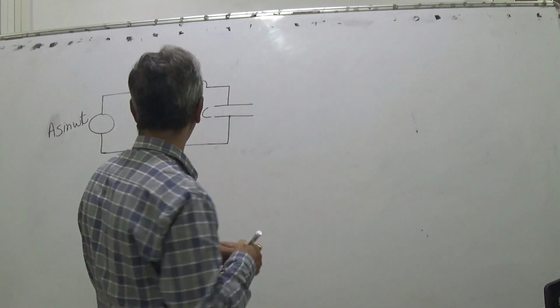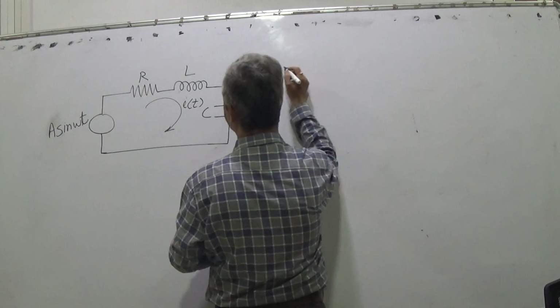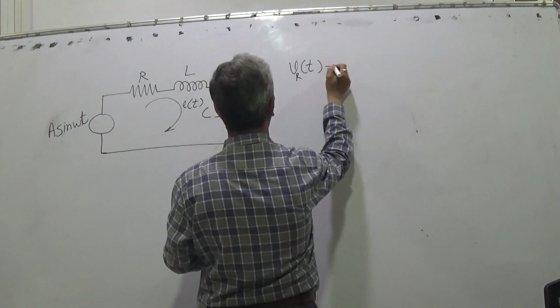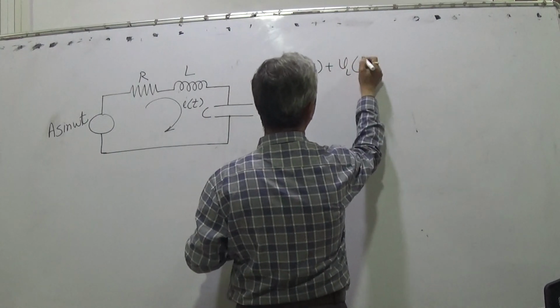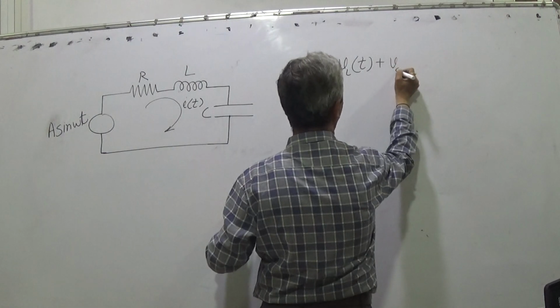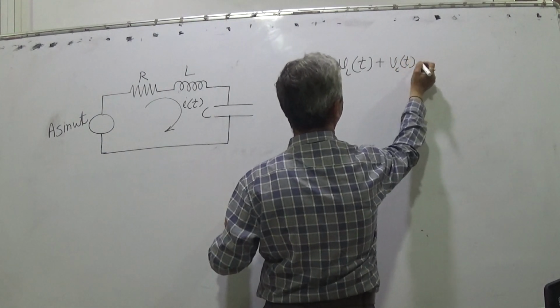So here what we get is V in(t) equals VR(t) plus VL(t) plus VC(t).